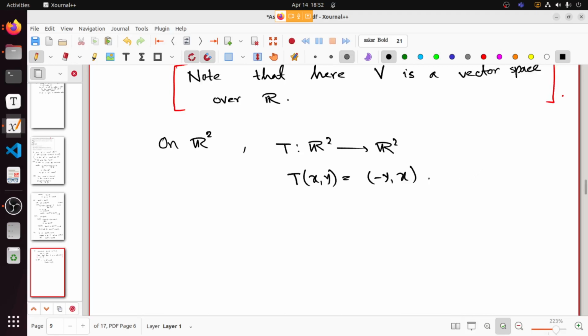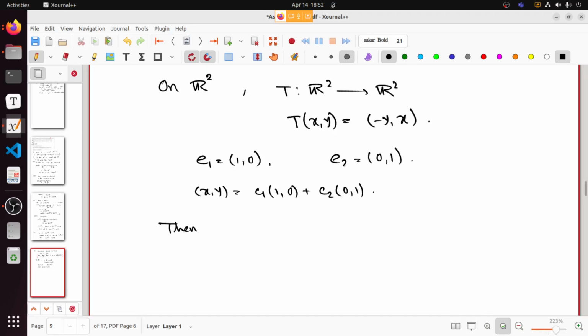So note that any vector, how can you write it? E1 is (1, 0) and E2 is (0, 1). Then any vector you can write as c1 (1, 0) plus c2 (0, 1), because these are the basis of R2.